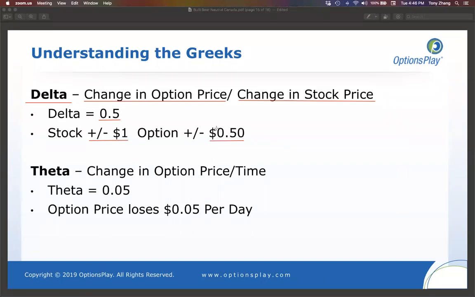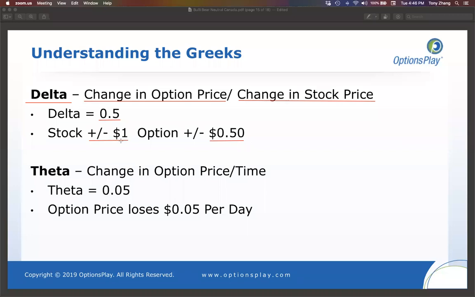Now, that sounds like you're not getting as much bang for your buck. However, if you think about it, on a $100 stock, when the stock moves up by $1, you make $1. But on an option, it might only cost you $5 to buy a call option.